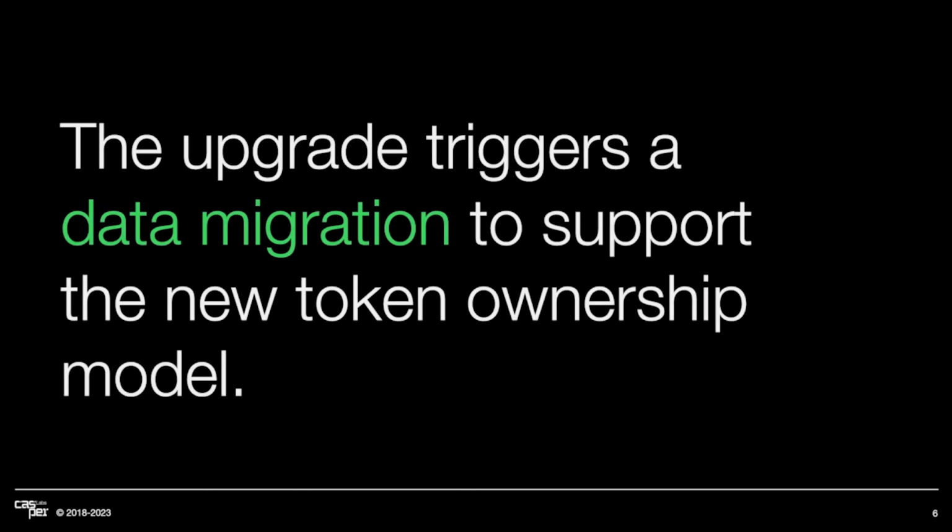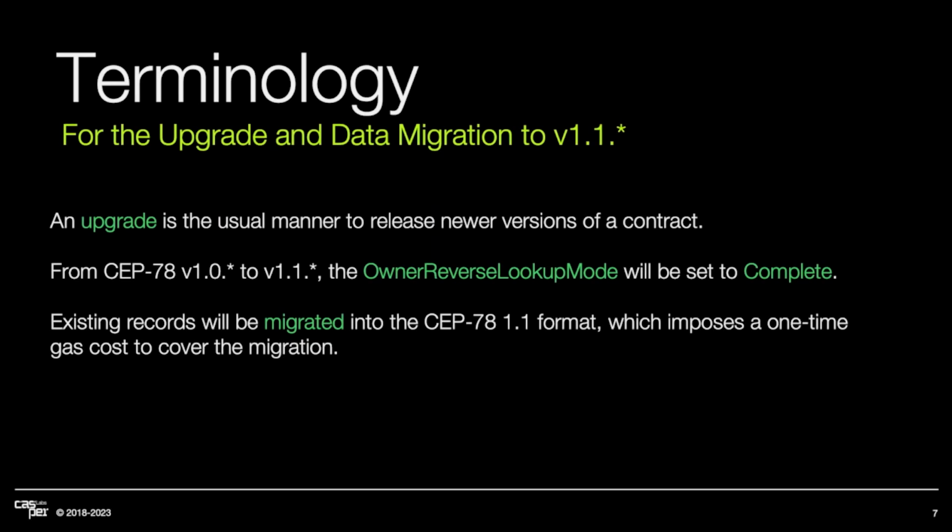When users install version 1.1.* of a CEP-78 contract, the upgrade triggers a data migration to a new page system tracking token ownership. Let's review some terminology. An upgrade is the usual manner to release newer versions of a contract inside a contract package.